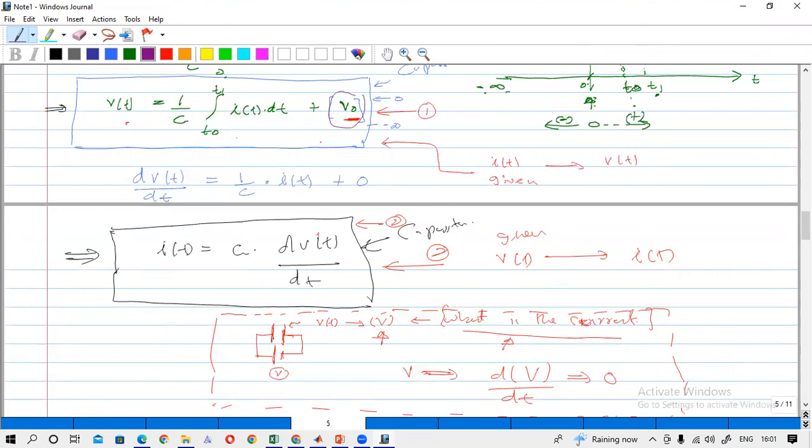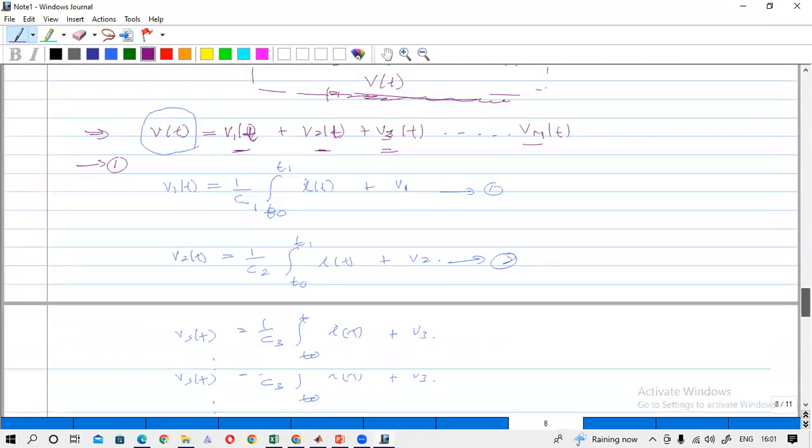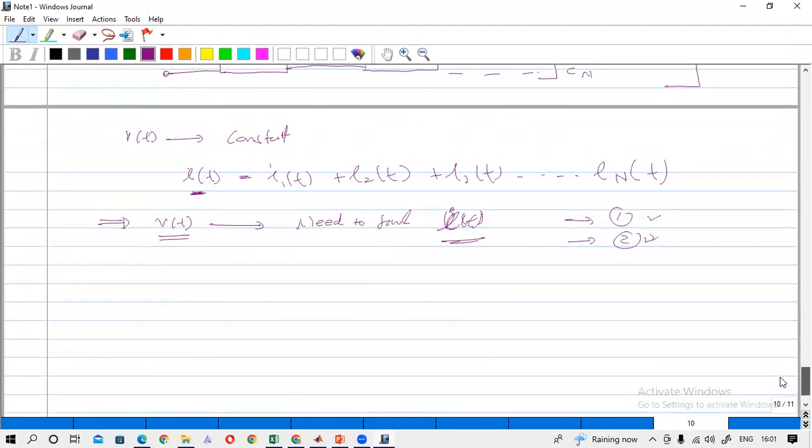I think you can easily get the expression for that one. So try to get it, and try to go through this lecture and figure out these things.